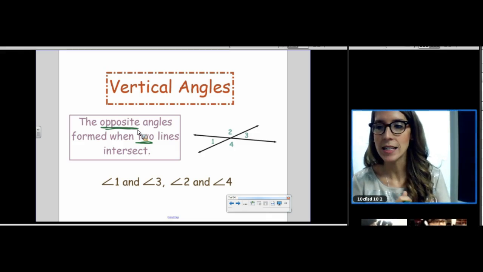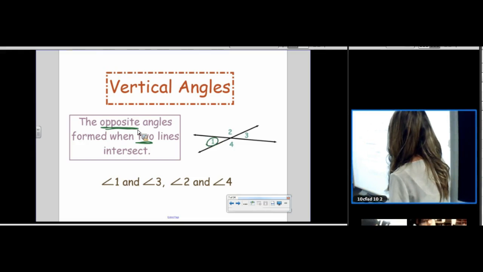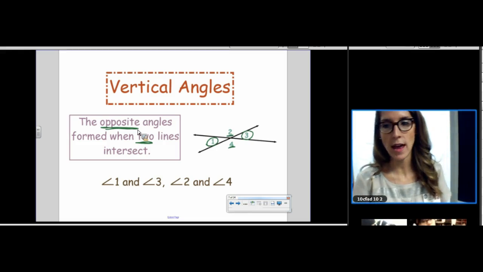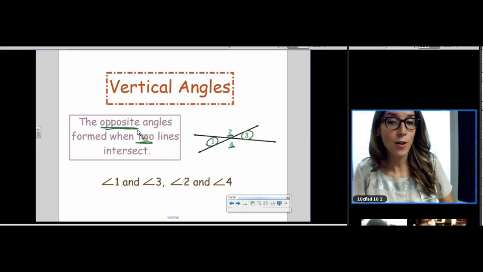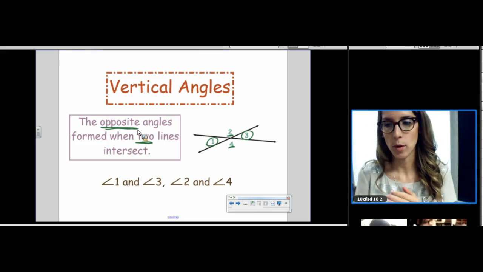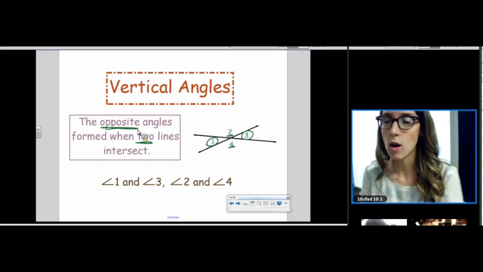And they're the opposite angles formed. So angle 1 and angle 3 are vertical angles. Angle 2 and angle 4 are vertical angles. Angle 1 and angle 2 are not vertical angles. So they're the opposite angles formed when 2 lines intersect. So you need to know what it looks like, and now you know what it's called.